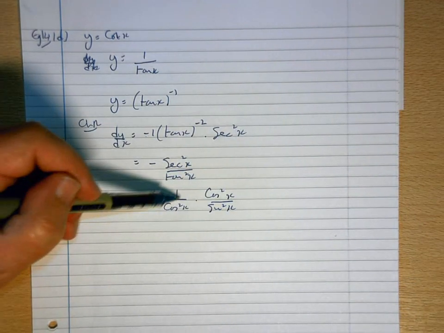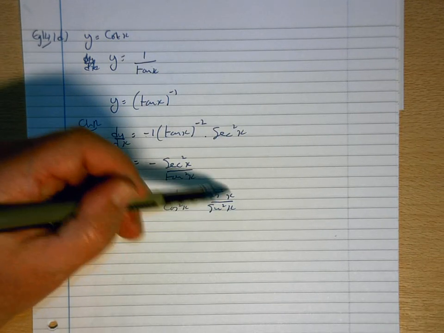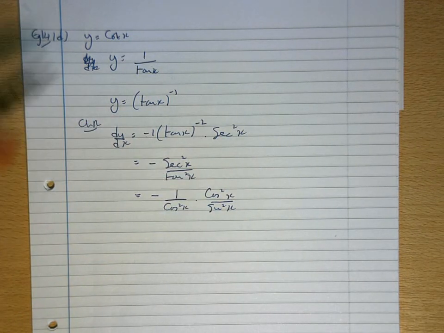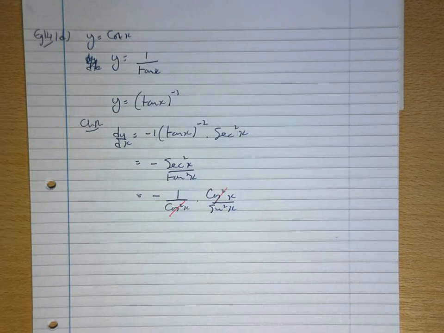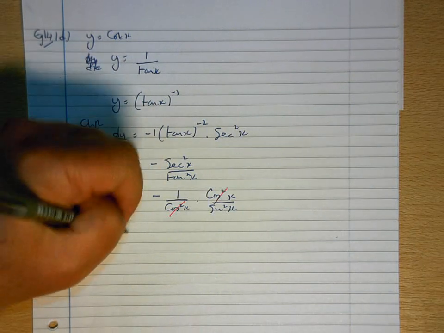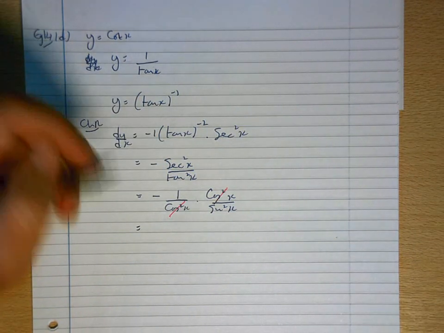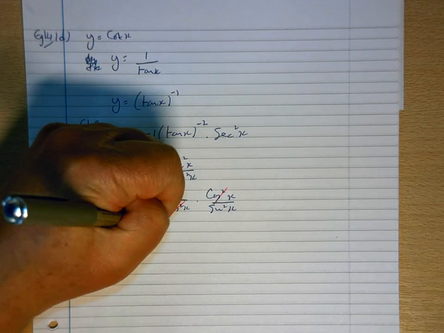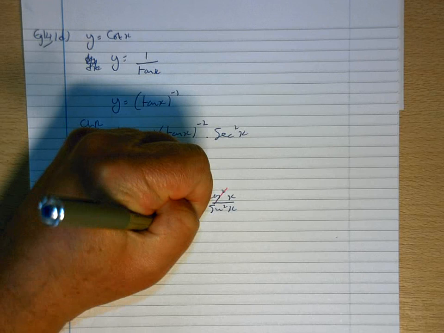So this bit here is the sec squared, that bit there is the 1 over tan squared. And what happens is the cos squareds cancel, meaning you're left with minus 1 over sine squared. 1 over sine is cosec, so that leaves you minus cosec squared x.